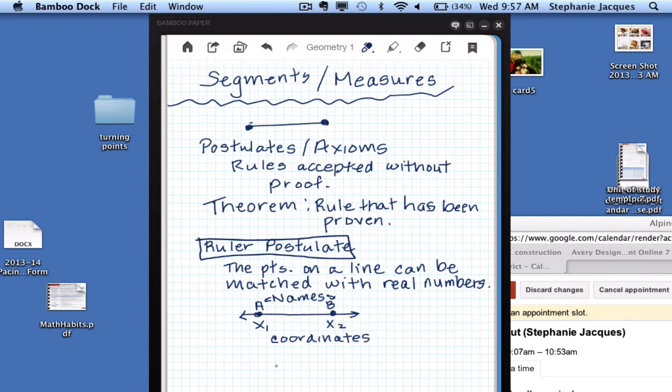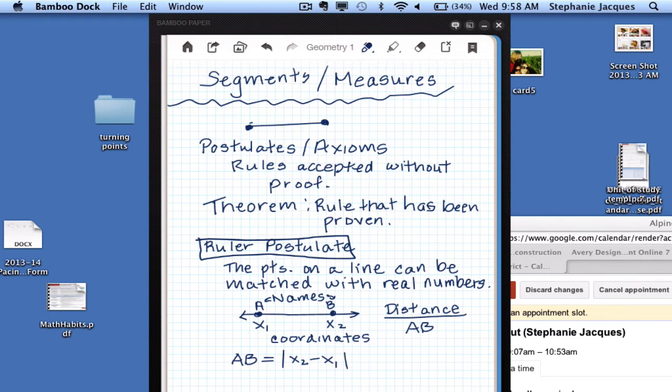When we're talking about distance, you want to write it like this. So the distance of this line, if we just wanted to write it, would look like this. You just say AB. You don't put any symbols with it. And we know that means the distance of AB. And to find the distance between A and B, I'm going to write AB, and that distance equals the absolute value of your second coordinate minus your first coordinate.